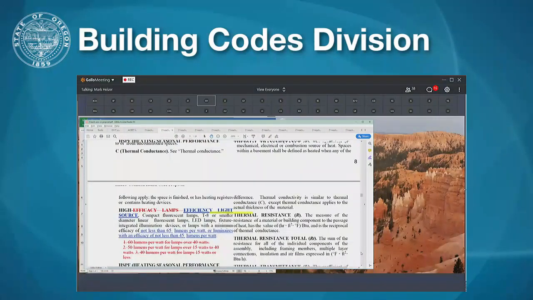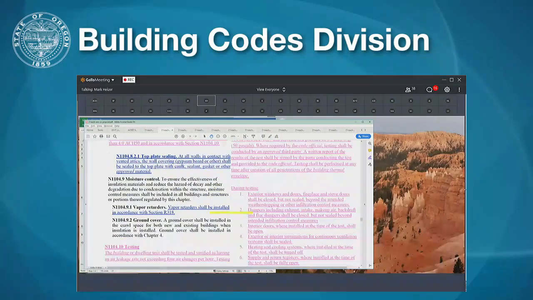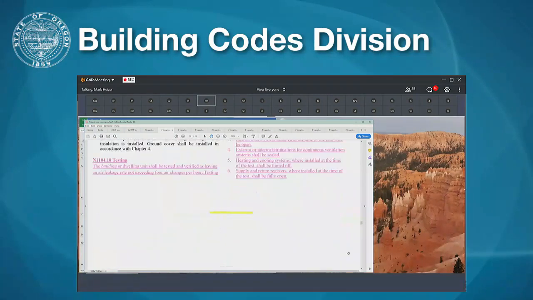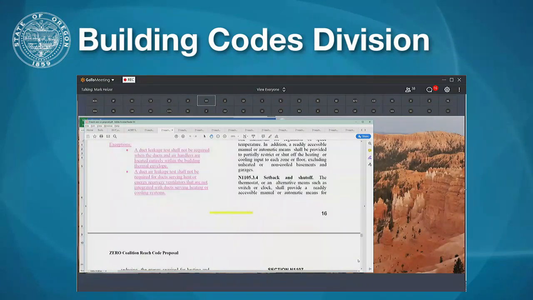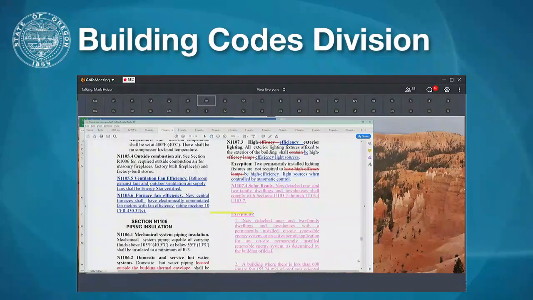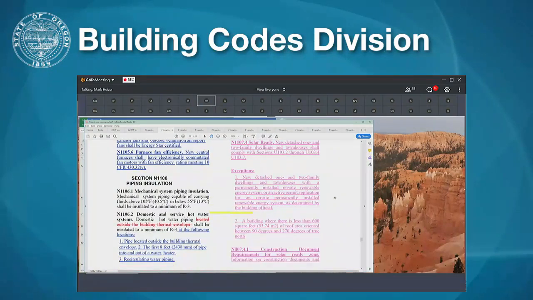If not, we're going to scroll back to the Zero Coalition proposal about bringing in the next level of solar ready, and we'll discuss this first.